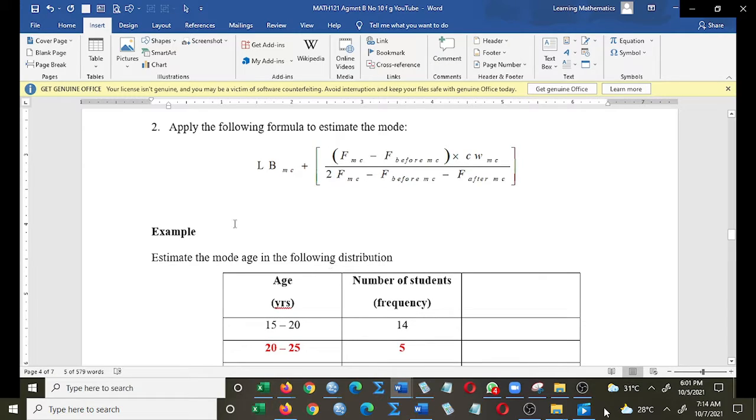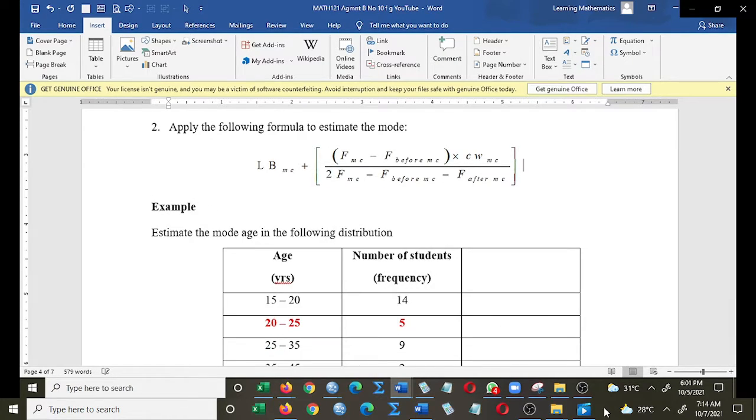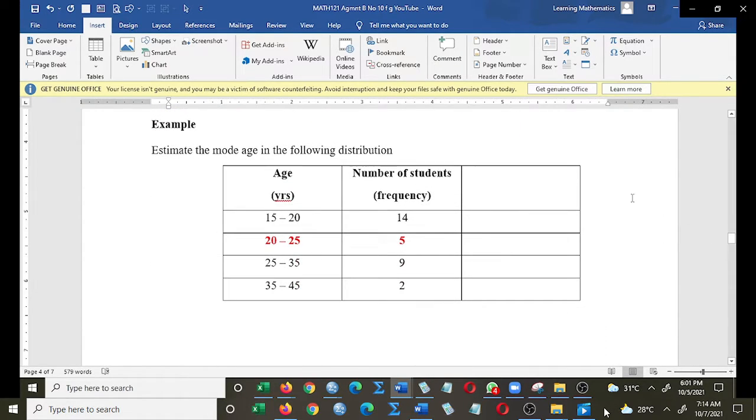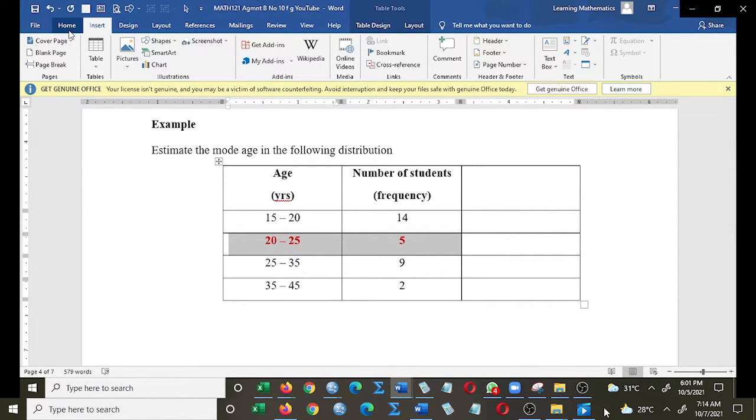Right, so here we have an example of how to do that. The first step is to identify the interval with the greatest frequency. So you look to see which interval has the greatest frequency. Which interval has the greatest frequency?